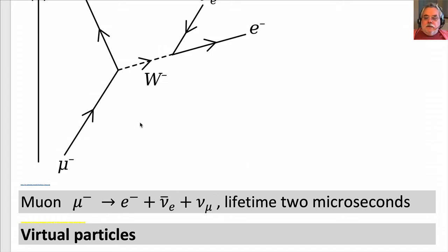The rest mass of the original muon is 106 million electron volts. The rest mass of the W minus particle is 80 billion electron volts, 800 times more massive than the muon. Does this weak interaction violate the conservation of energy?